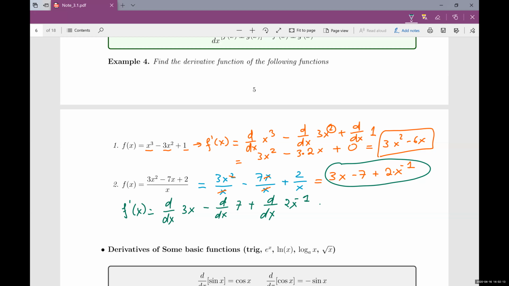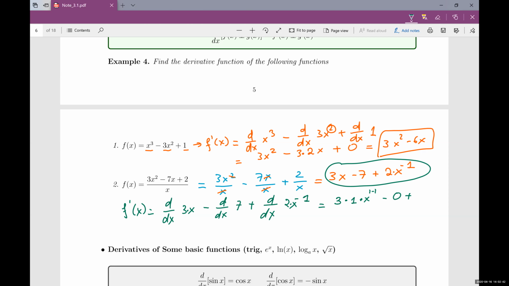Okay, so for the derivative of 3x, you're going to use the constant multiple rule and also the power rule. So it's going to be just 3 times, what is the derivative of x? The derivative of x should be just 1, right? Times x to the 1 minus 1, which is x to the 0, should give you 1. And minus the derivative of the constant, which should be 0, plus the derivative of 2 times x to the -1.